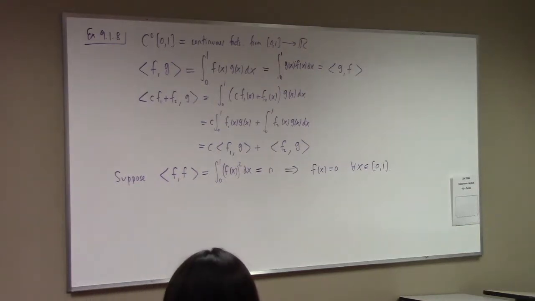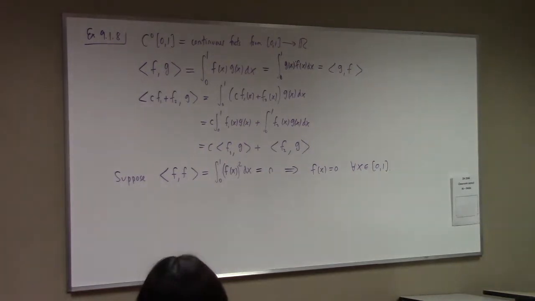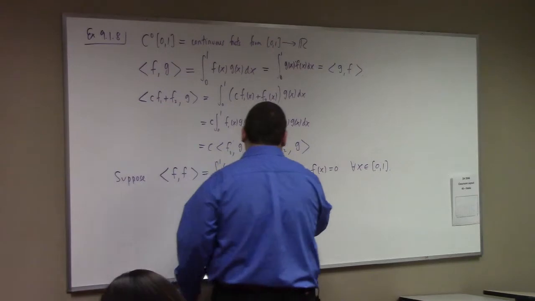And so non-zero at a point and nearby means that when you look at the square of the function, there's a finite area, which is going to be calculated by that integral. So we have to have that the function is 0 if the integral of the square of the function is 0. So that's axiom D.